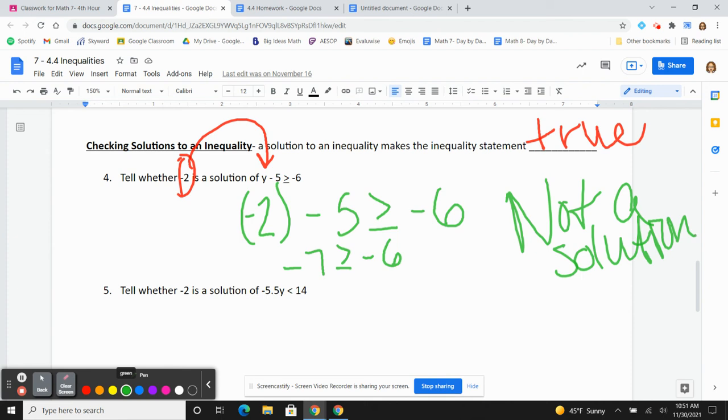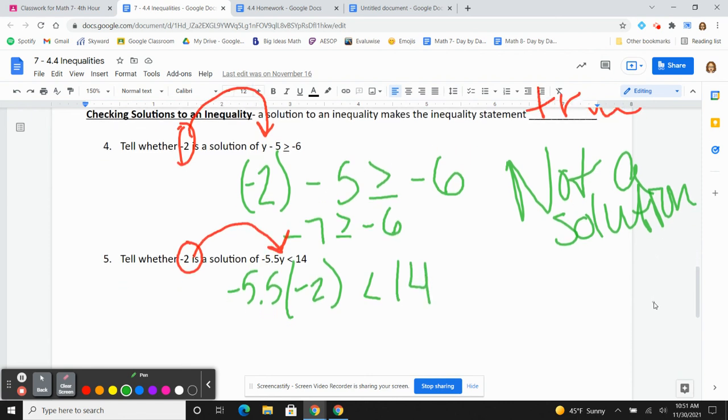Okay, so let's look at 5. Tell whether negative 2 is a solution of negative 5.5y less than 14. So negative 2, again, is getting substituted in for y. So this would look like negative 5.5 times negative 2 less than 14. Help me out.